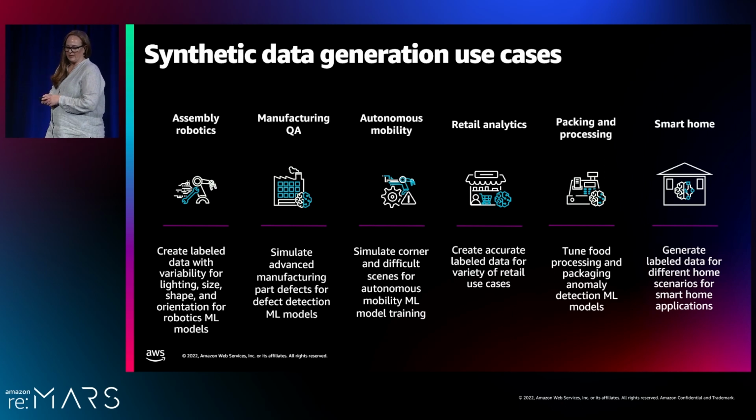With autonomous mobility, we can simulate difficult scenes to improve the robustness of models used to expand autonomous robot capabilities. We can also create accurate labeled data for a variety of retail products for inventory management, in-store analytics, and autonomous checkout. We can tune food processing and packaging anomaly detection models for rare and difficult to acquire use cases. And lastly, we can generate labeled data to train various smart home applications. And we're just getting started.